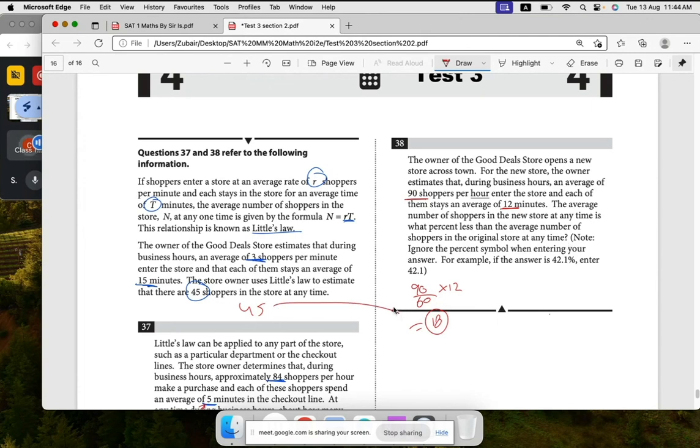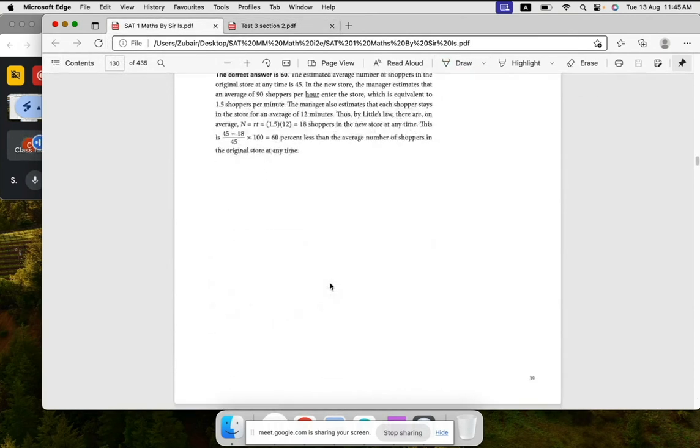Those are 45, those are 18. So 18 by 45 into 100. This is 40, so 60% less. 60% less? I think so. Yeah, 60%, yes.